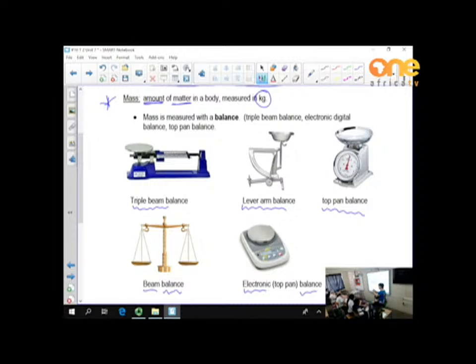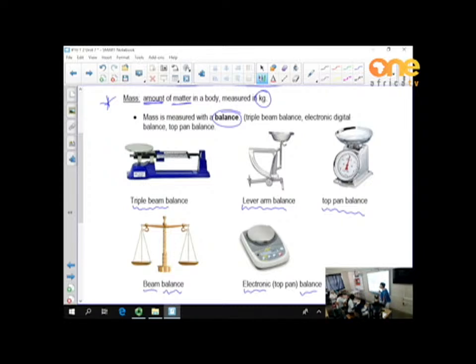That is the one with a spring that stretches to measure force. So the instrument that we use to measure mass is a balance, or you can say a mass meter. But balance is the correct word.